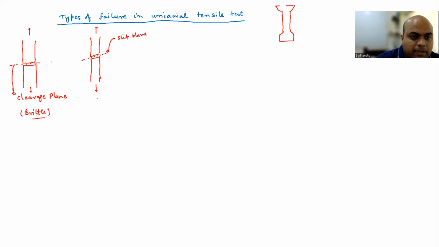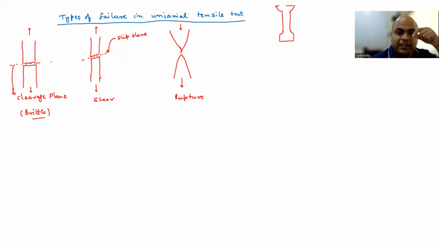This is a typical case of shear. So this is the second case. Now the third one is something like this. You have necking, and then the failure occurs at a point. This is called rupture. So failure is occurring at a point after necking.